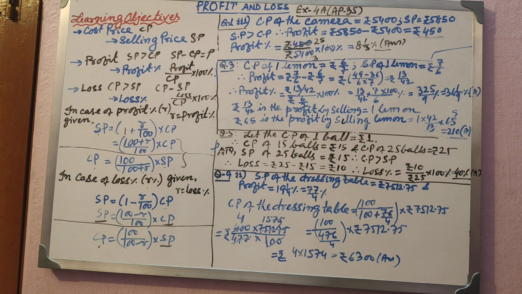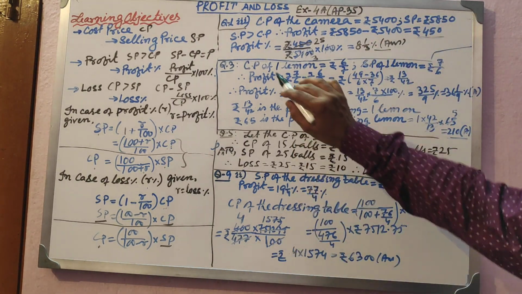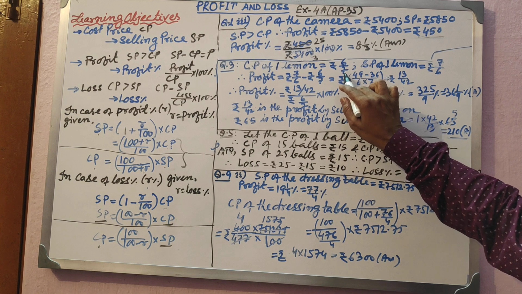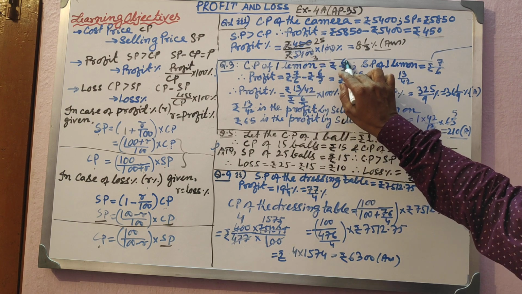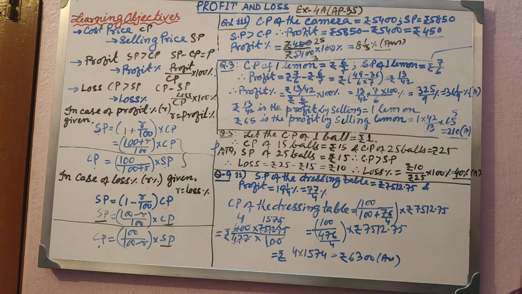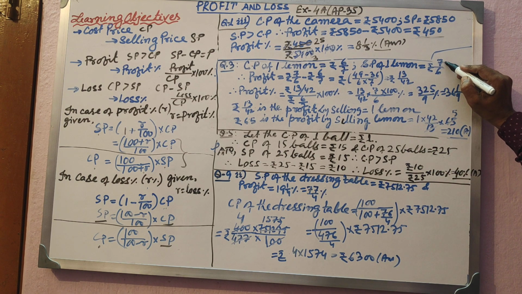Definitely he gained some profit, isn't it? So cost price of 1 lemon and selling price of 1 lemon you take out. So cost price of 1 lemon will be definitely rupees 6 by 7, because 7 lemons cost rupees 6. Got it? Now 6 lemons cost rupees 7. Therefore 1 lemon will cost rupees 7 by 6.